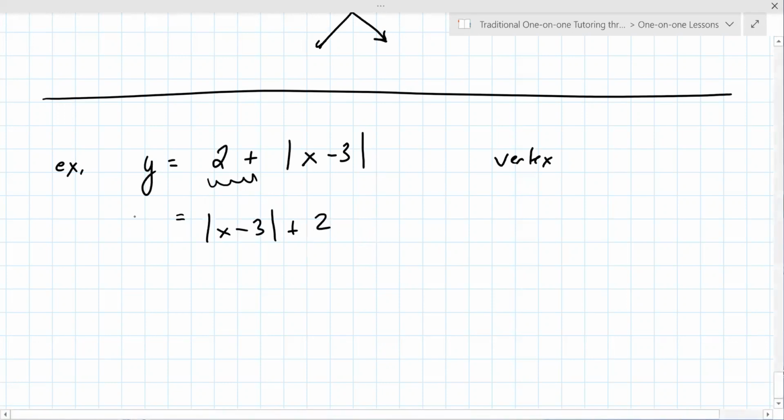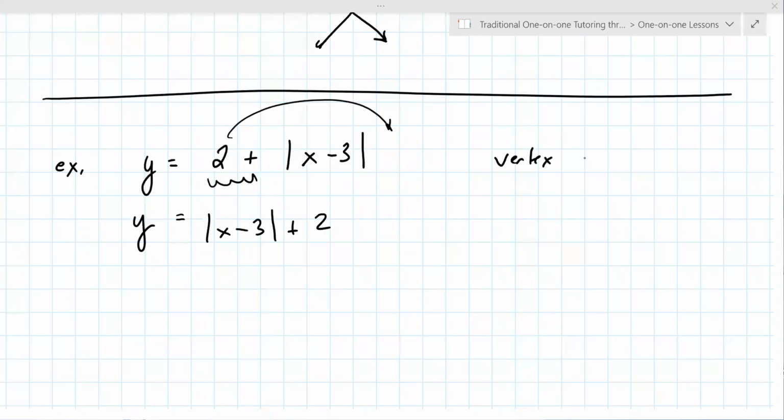You can just rewrite it, where the 2 is over here. I call it a scramble. It's the same thing, just rewritten around, in a different format.